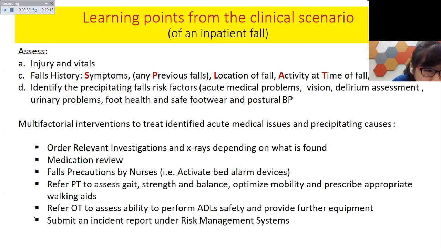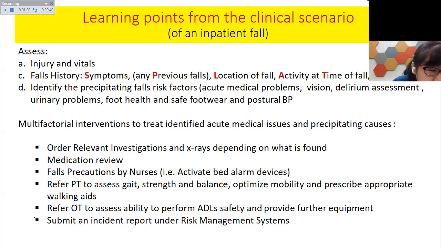Subsequently, we want to identify the precipitating risk factors for the falls. Was there any acute medical problem? Was there any visual impairment in this patient? For delirium assessment, urinary problems, foot health and safe footwear, as well as presence of postural hypotension.